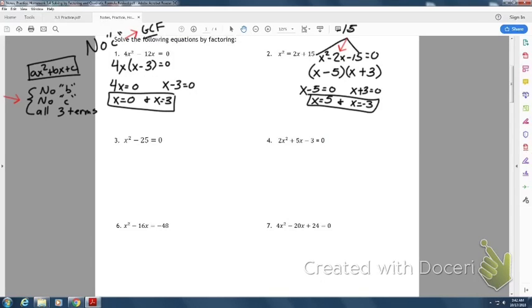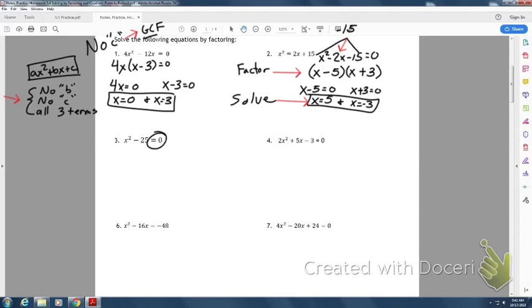Now I do want you to know, if these problems said to factor, if it just said factor, we would go to that step and we would stop. Okay, we're done. But if it says to solve, we've got to do that extra step. A lot of people get lost in when they need to stop and when they don't. Alright? Yes? So let's go to 3.